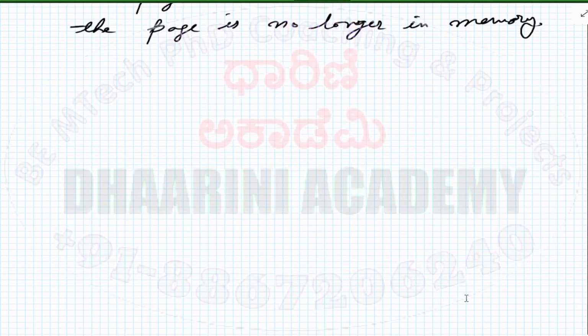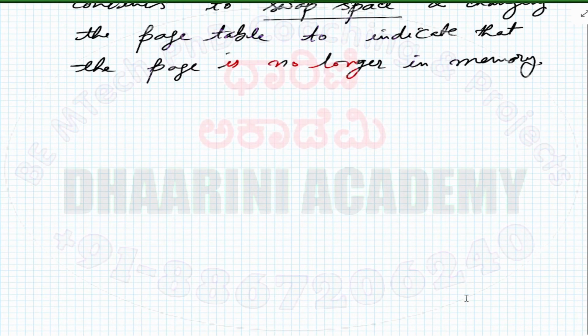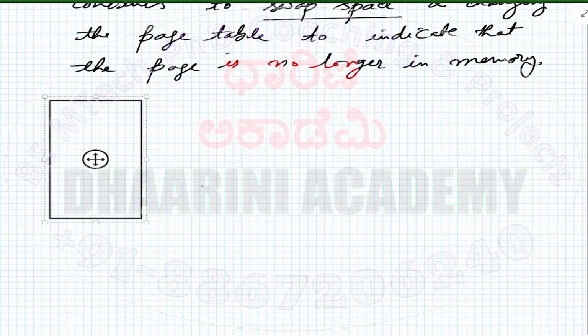So first let's write the original contents of a page table. In a page table we definitely have the space that is allocated for a valid or invalid bit.